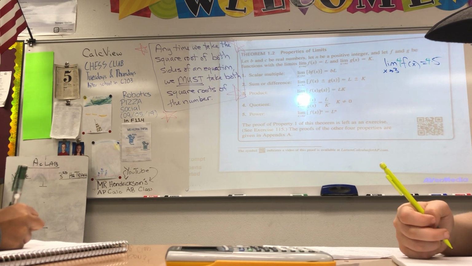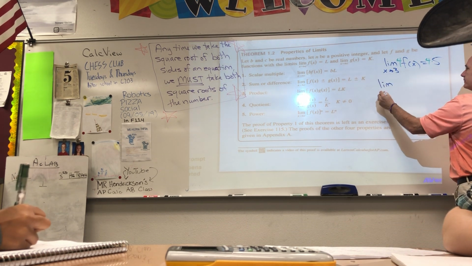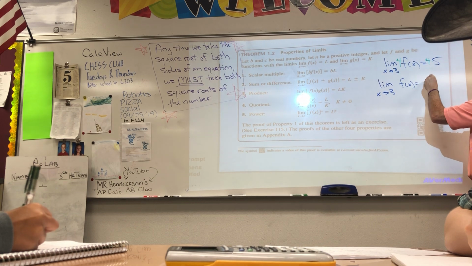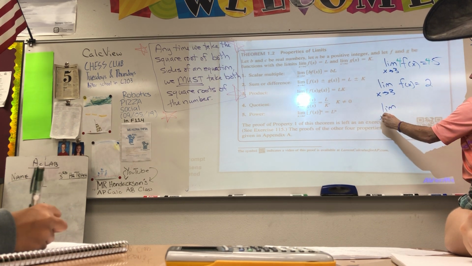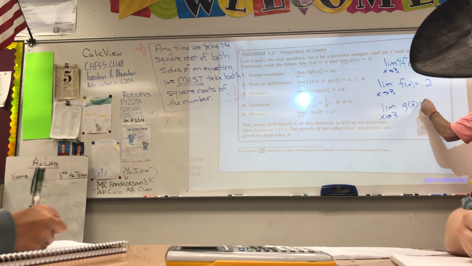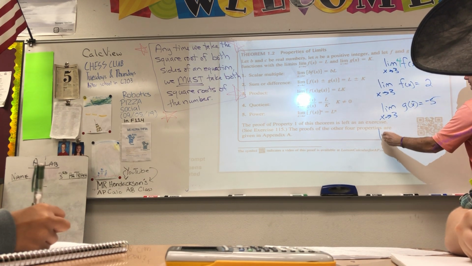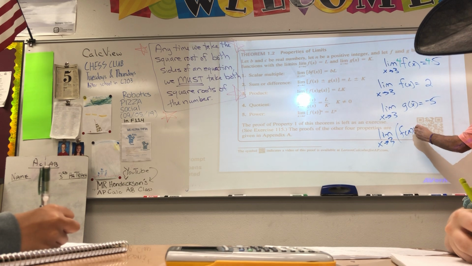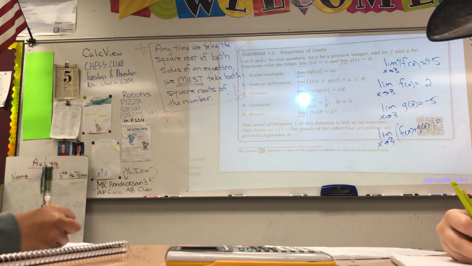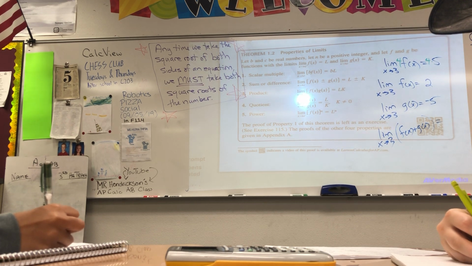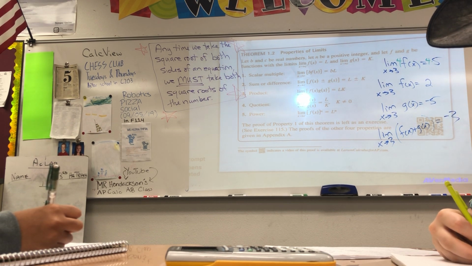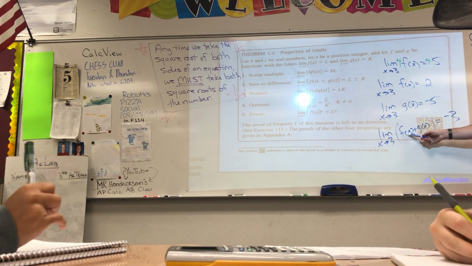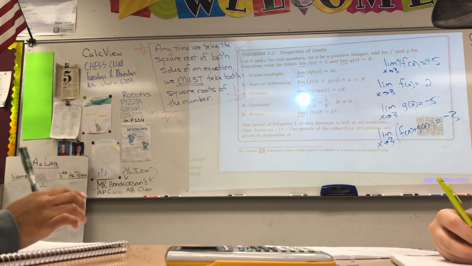So if the limit as x approaches 3 of f of x equals 2, and the limit as x approaches 3 of g of x equals -5, then the limit as x approaches 3 of f of x plus g of x equals, the limit of f of x is 2, the limit of g of x is -5, so the limit of the sum is the sum of the limits, which is just -3.